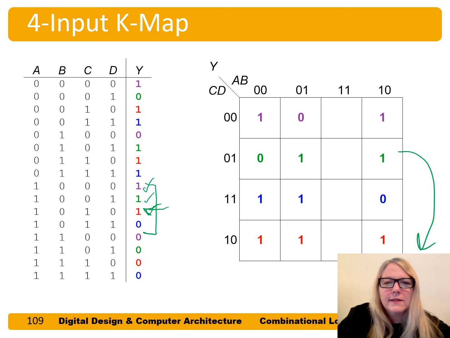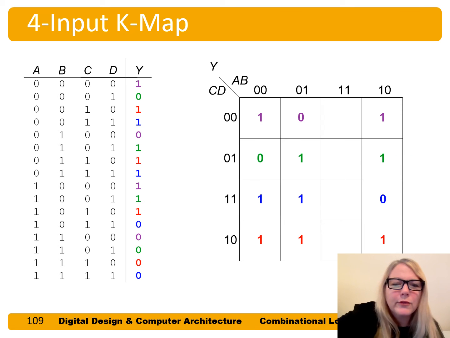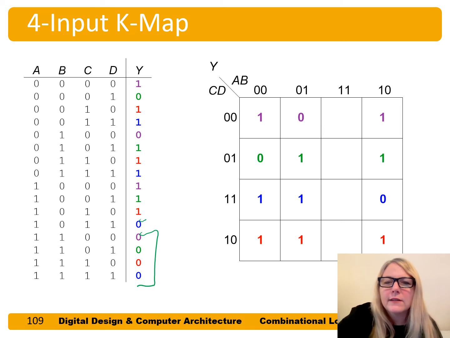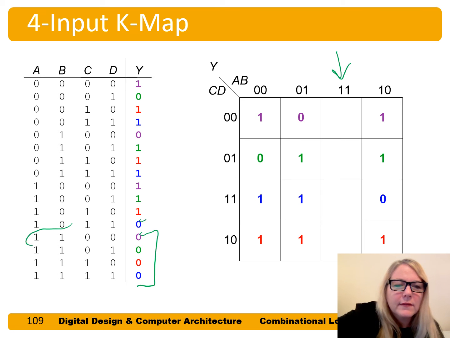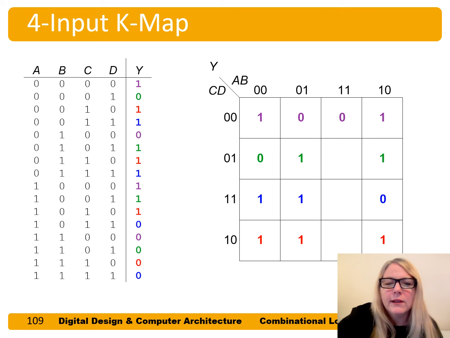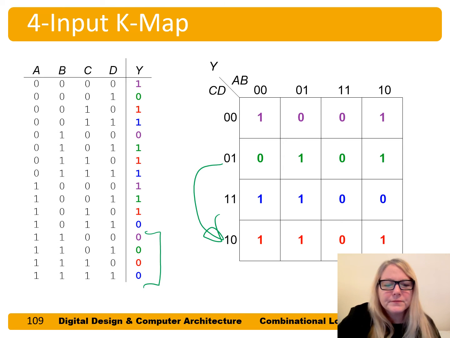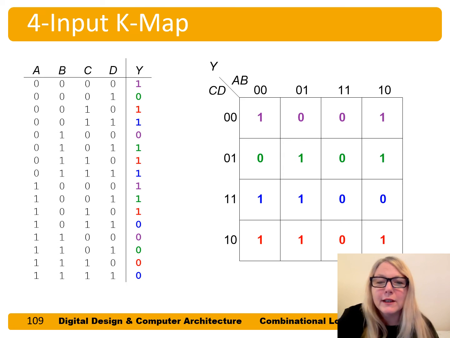And finally, our last group of 4, come back to the 1, 1 column in A and B, and we get 0, 0, skip a row, 0, 0. Okay, so now we filled out our KMap correctly. That's a common error, so be careful when filling out your KMap.